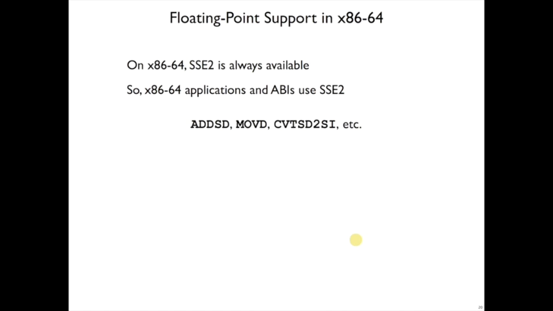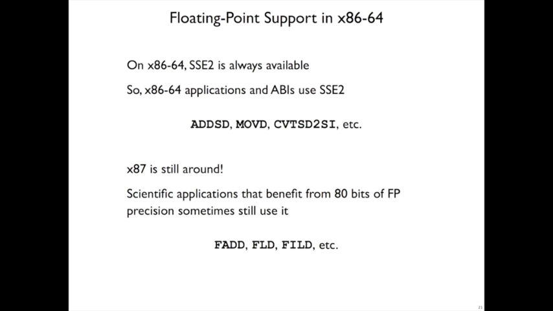And if you're looking at the machine code, you recognize that you're using SSE when there are operations like add-s, to add floating point numbers using registers like XMM0. You see move-d for double precision floating point, and conversions like CVT. But x87 is still around, not only for backward compatibility for running 32-bit applications on your modern chip, but there are still some applications that can benefit from those extra 80 bits that were available in x87.